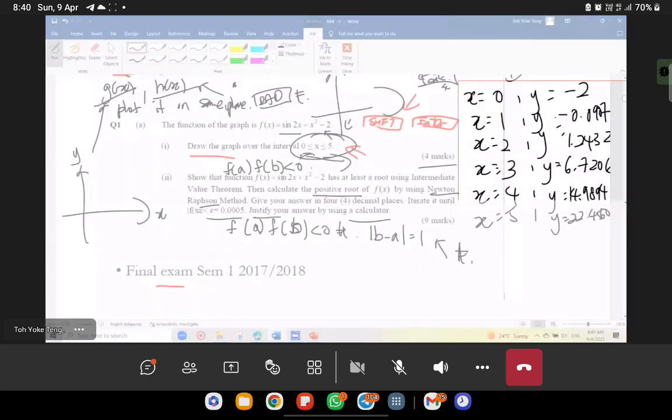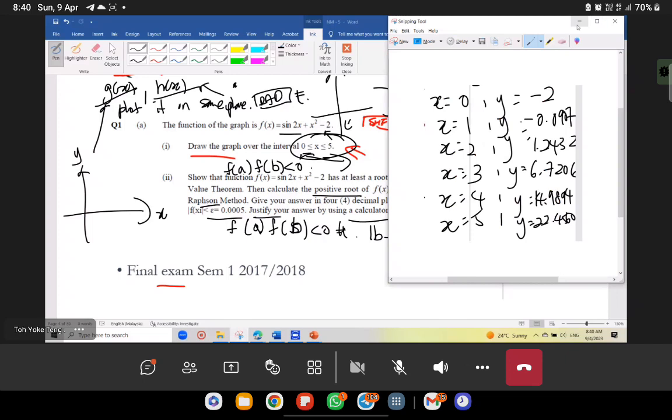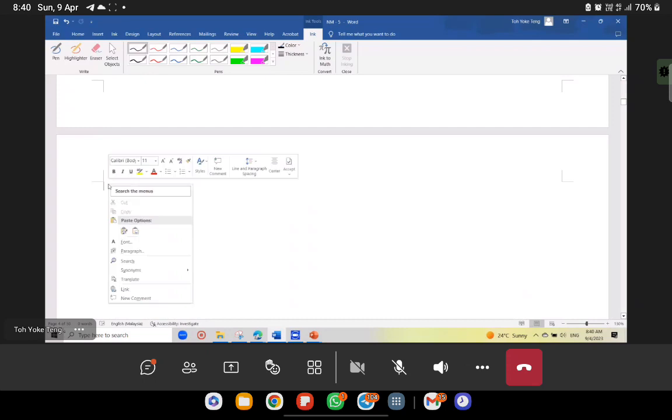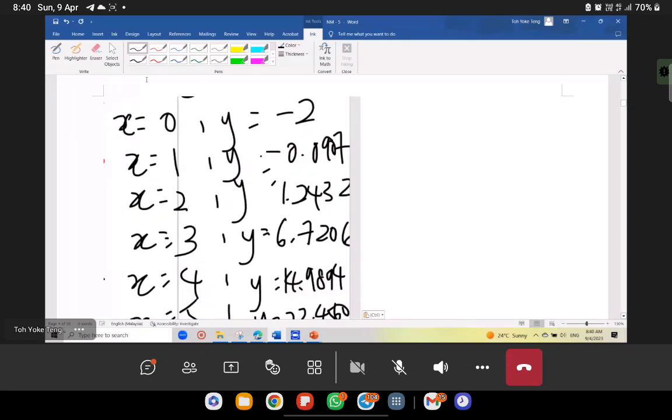And remember that for a nonlinear equation, you just plot it using a curved line. Don't connect it using a straight line. You just draw the curve since this one is a nonlinear equation.